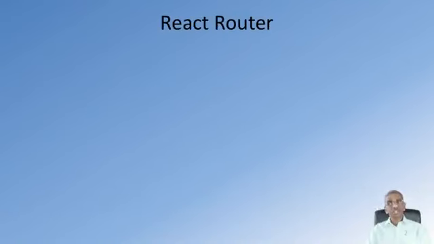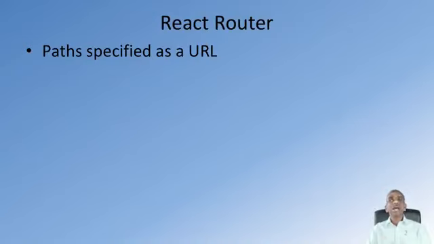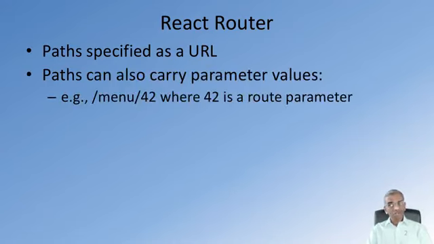To help us understand how the route parameters work, let's look at the React router. We already have learned that the various paths to the various views in our React application can be specified using the URLs. Now, what if we attach a parameter value to the URL?